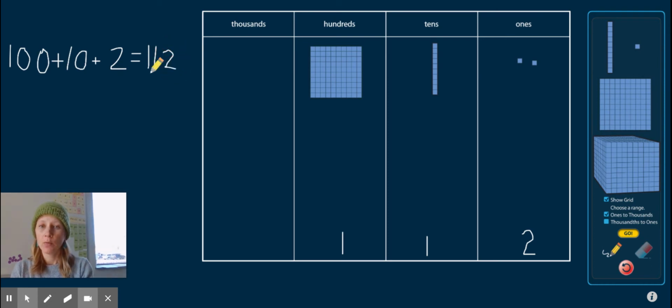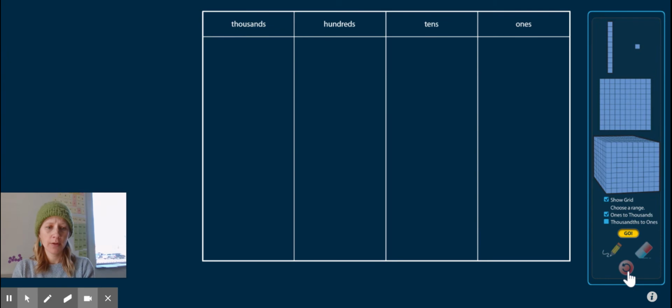I have a 1 in my hundreds place, a 1 in my tens place, and a 2 in my ones place. And when I put those numbers together, I get 112. So now I know that 100 plus 10 plus 2 is 112.